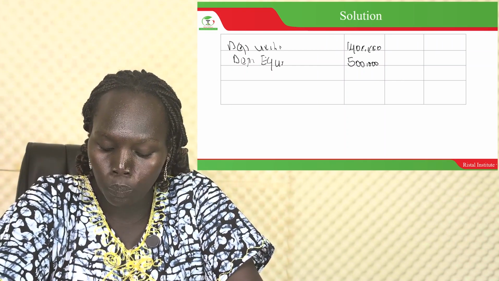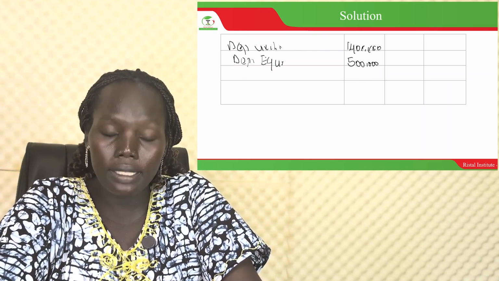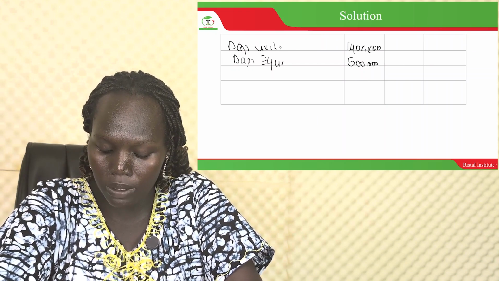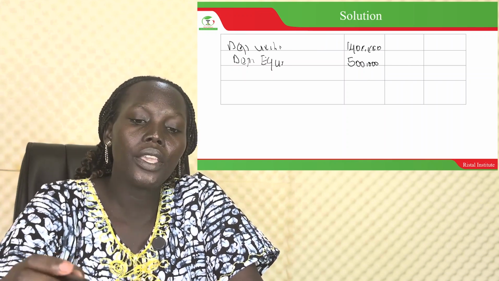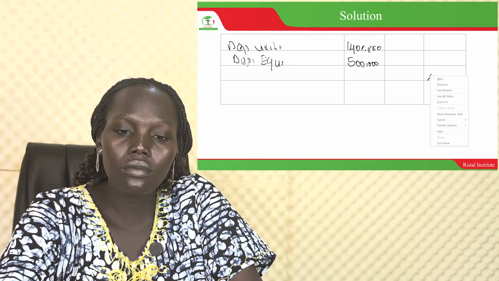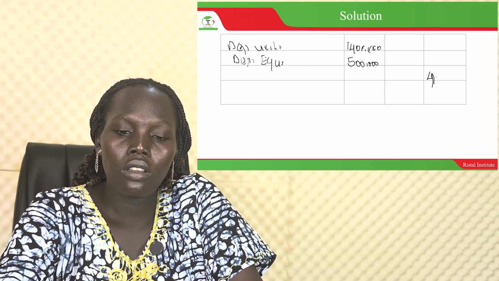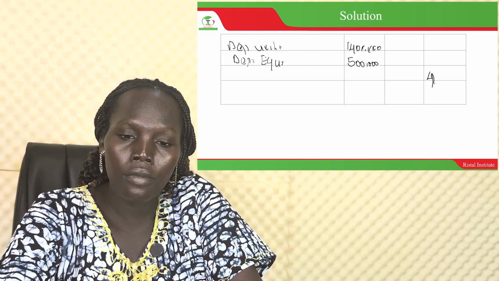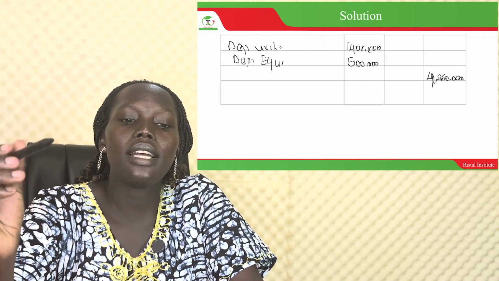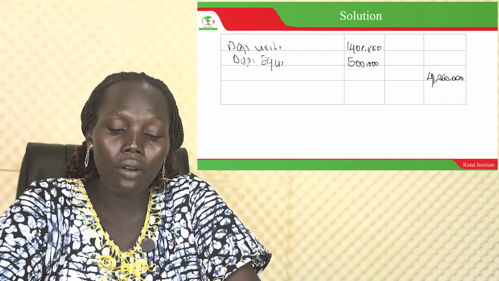And now we get the total expenses. Hope we see whether those are all our expenses. Having checked that these are all our expenses, the total expenses will be 4,260,000.